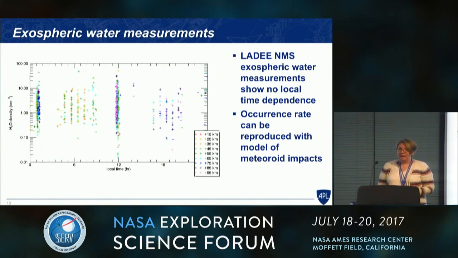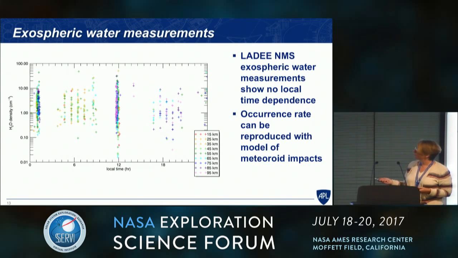So LADEE has observed water in the exosphere of the moon, and these are the LADEE observations as a function of local time. So 12 here is noon, and 6 here is dawn, that's dusk. The color code is the altitude at which the measurement was obtained, and the bottom line of this figure is that there is no organization of water in the exosphere of the moon as a function of altitude or local time.